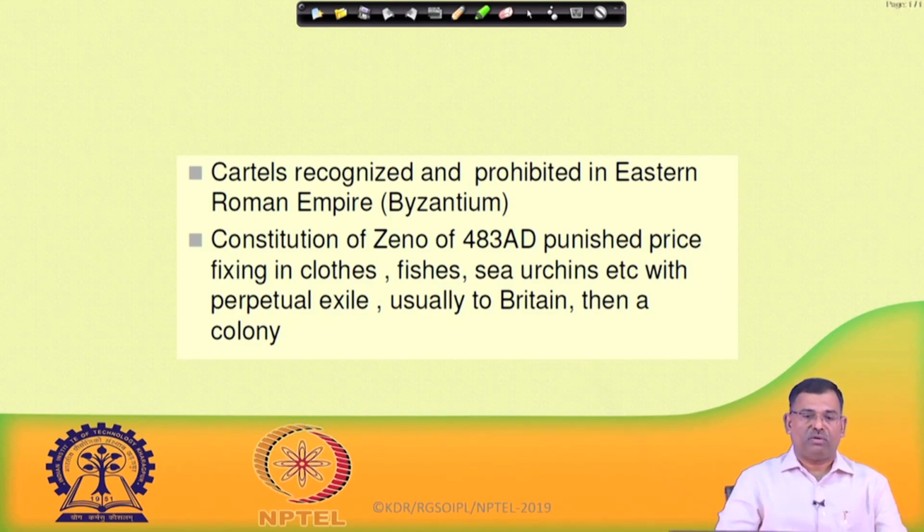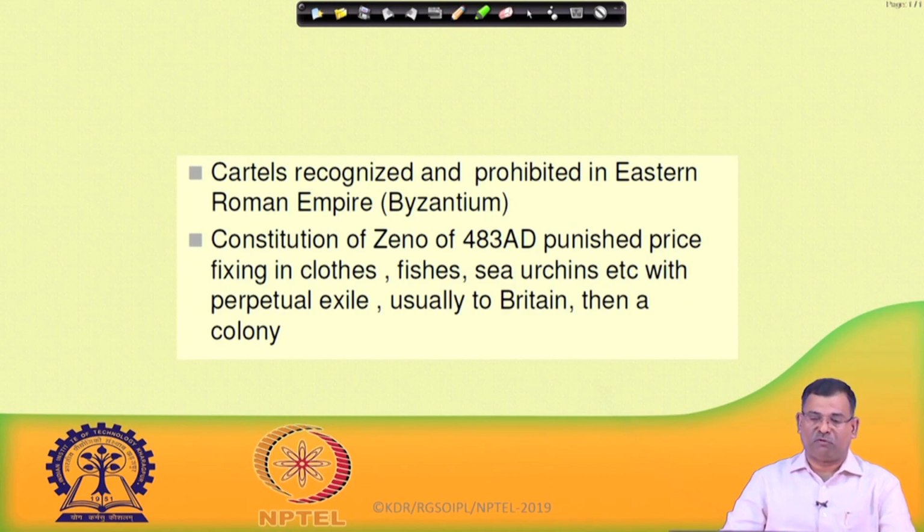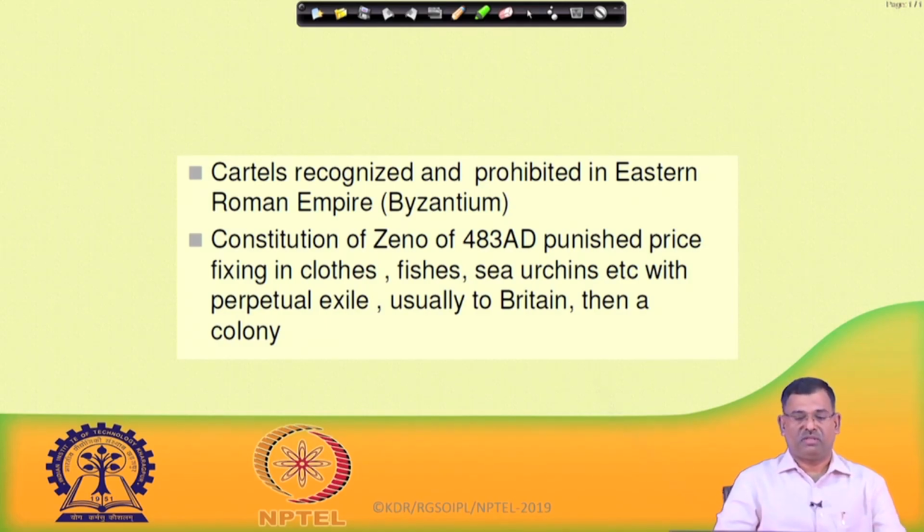Even in 483 AD, the constitution of Zeno punished price fixing in clothes and also in fish, sea urchins, etc., with perpetual exile, usually to Britain, a colony at that point of time. It means that competition law is not an invention of the 20th or 21st century. So regulating competition in the market is a time-immemorial law, which prevailed in many countries at that point of time.